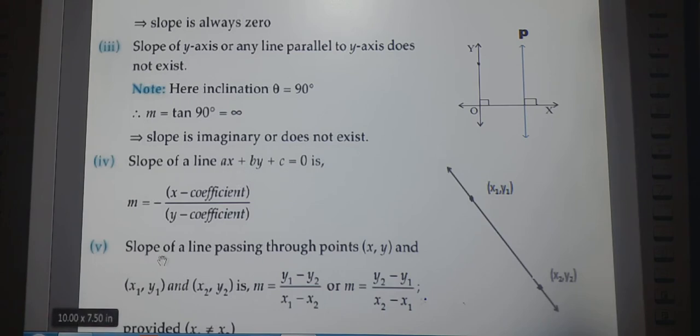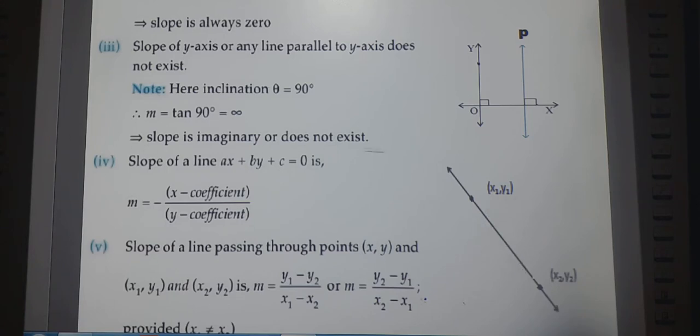Then next, slope of a line passing through points x1, y1 and x2, y2. Now here we consider a line and 2 points x1, y1, x2, y2. On any line we consider any point x, y. So here we know that on a line there are more than 2 points.